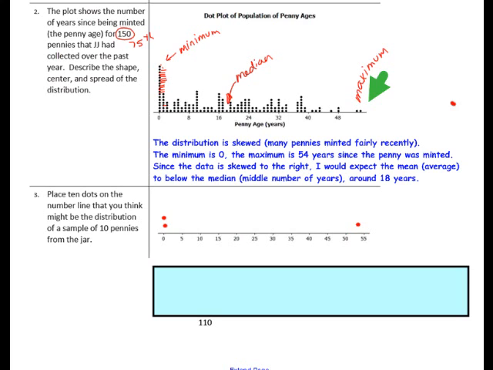So let's see, we've got 3 so far. 4, 5, 6. And then I have more pennies on the lower end. So I'm going to put more over here. I have 1, 2, 3, 4, 5, 6, 7, 8, 9, 10. So notice that my data looks similar to the line plot.